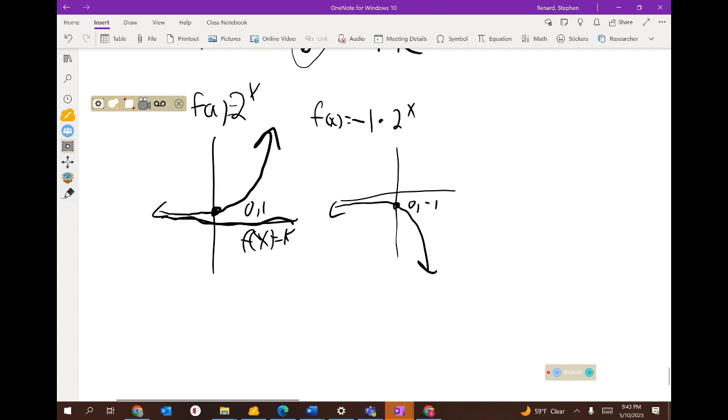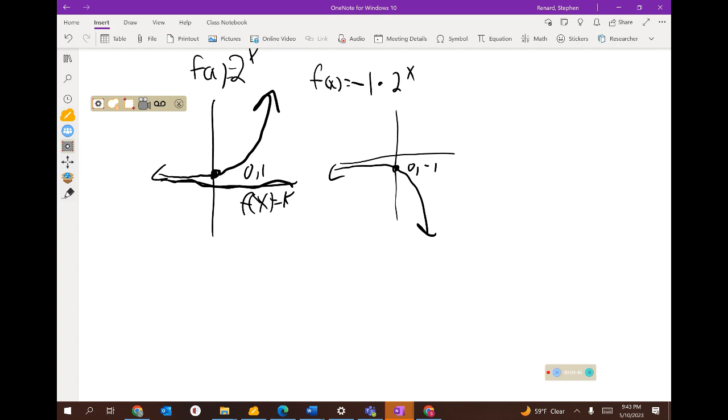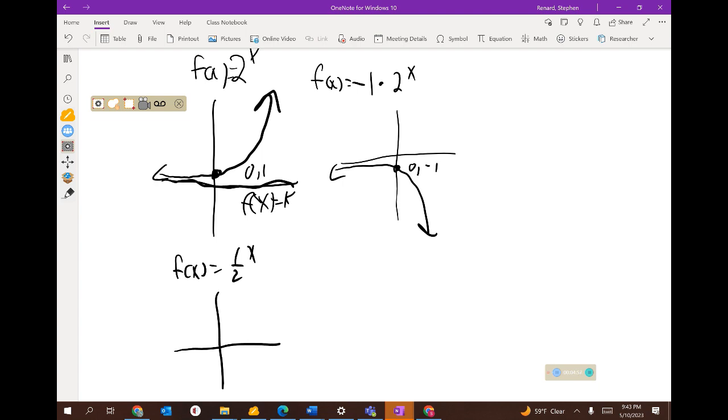Okay? Now, if we have f of x equals 1/2 to the x, kind of like that.